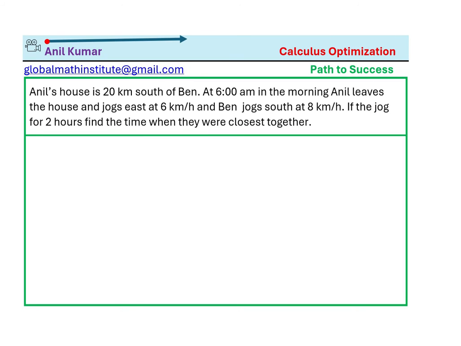So for this example, we got the critical number at t equals 1.6. And for us, S was equal to the square root of (20 minus 8t) whole square plus (6t) whole square.